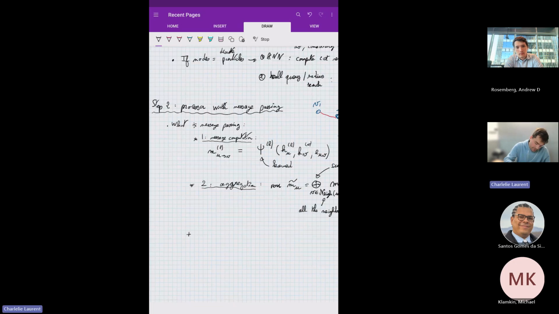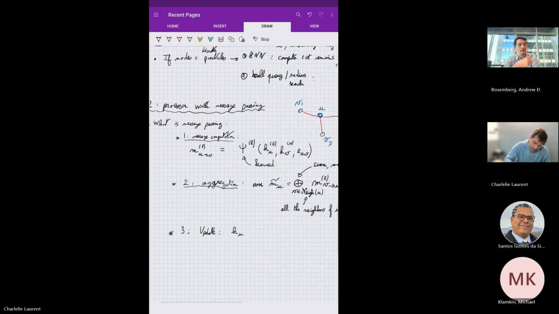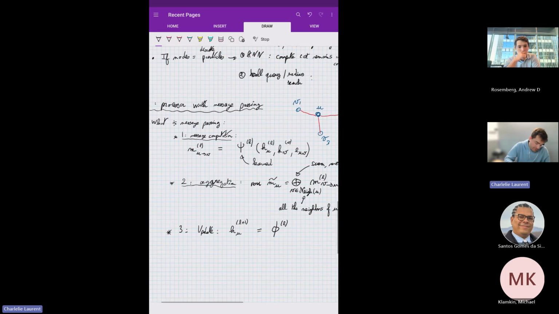And the third step is the update. And here you take the feature of the node U, the center node we are considering, and we are going to layer L plus 1, because now we are at the next layer. And you have a phi function, which is an update function.